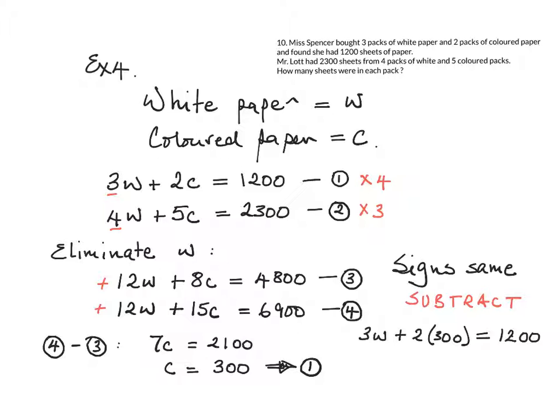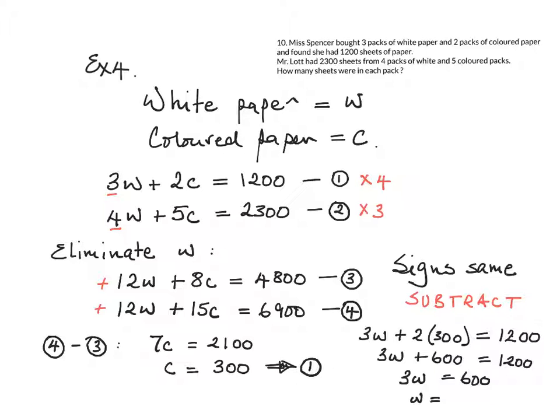So 3W take away 600. 3W equals 600. And W equals 200.